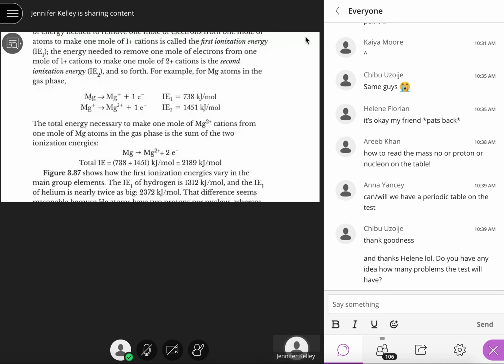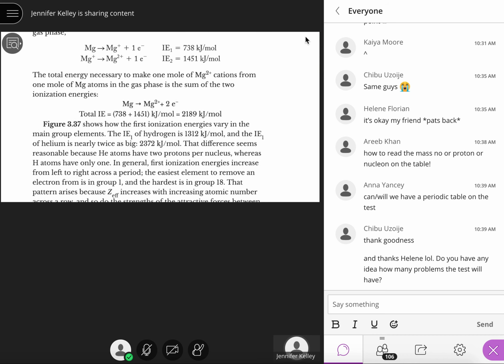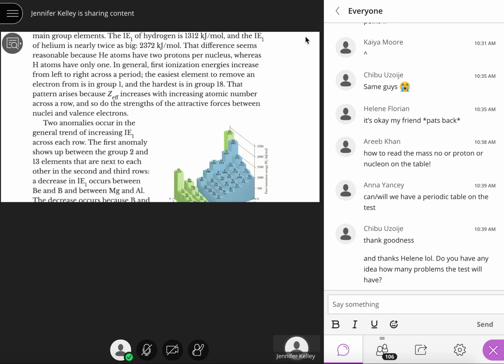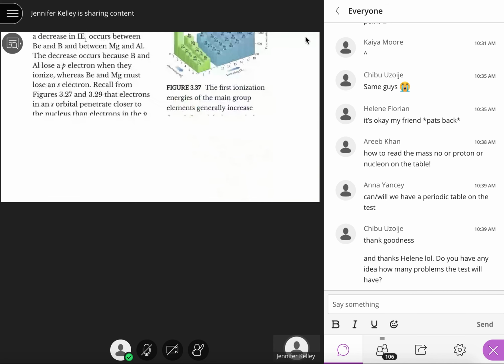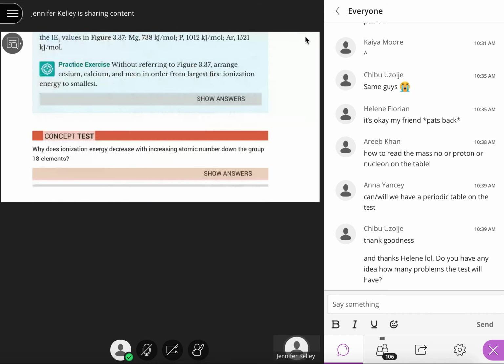With magnesium, which generally has 2 valence electrons, you pull off the first valence electron, it's about 738 kilojoules. You pull off the second electron, it's not that much more. By the time you get into the third electron, you start pulling off much larger numbers.